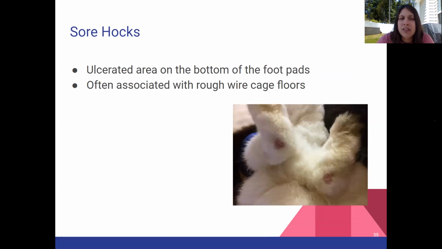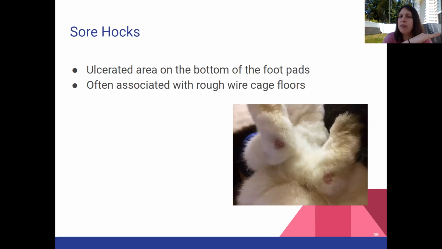Sore hocks can happen to any animal that's kept in a cage with a wire bottom, where they're hopping. If there's a wire right here, their foot is going to go down into these two little cracks, and it's going to cause a little bit of irritation.